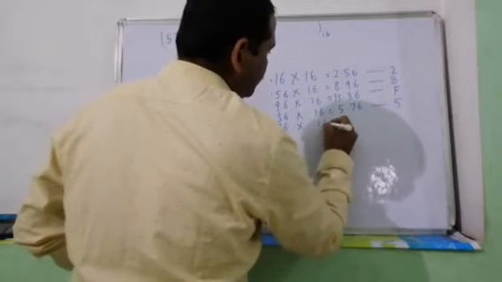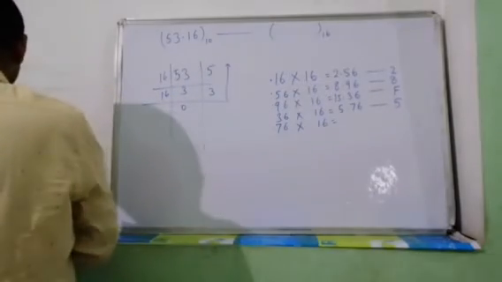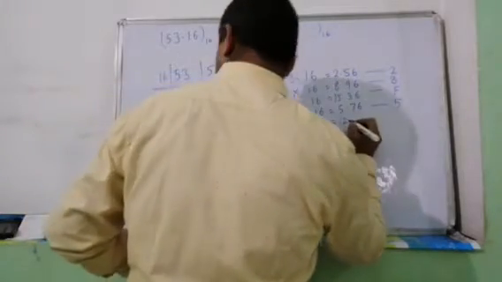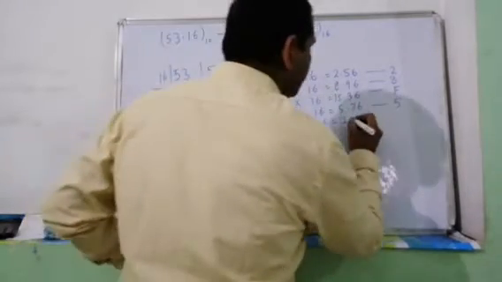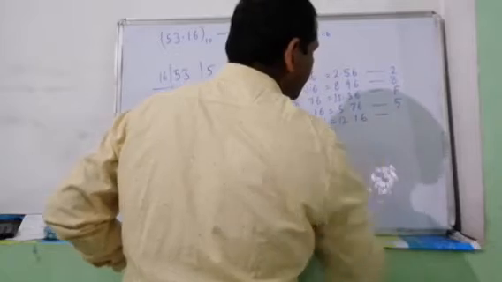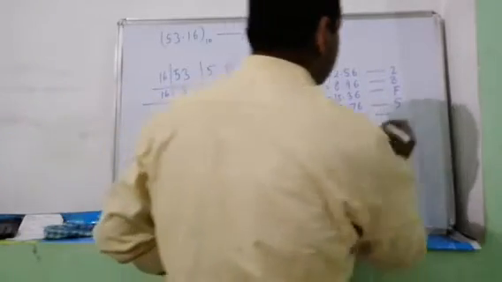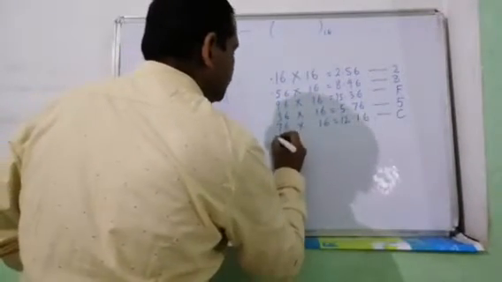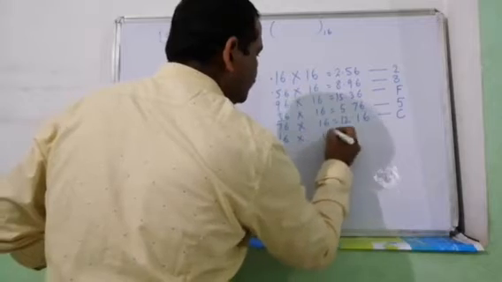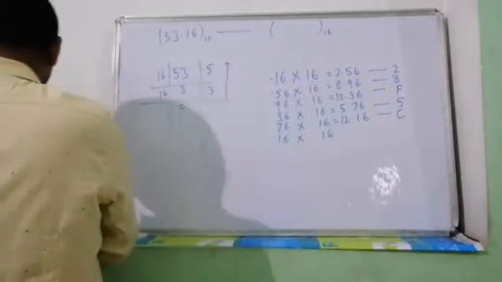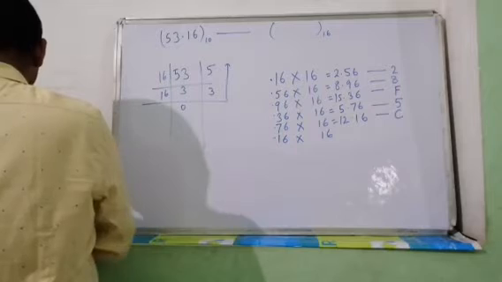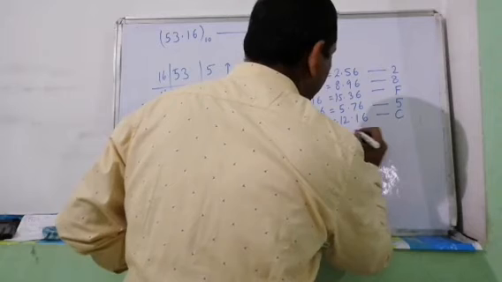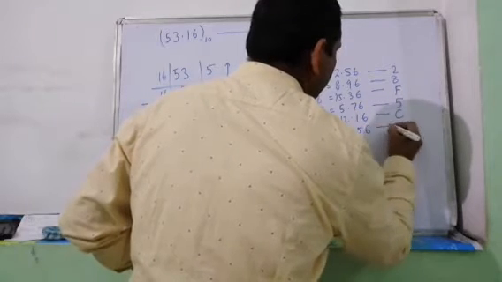0.76 into 16 is 12.16, C. 0.16 into 16, 2.56 is 2.